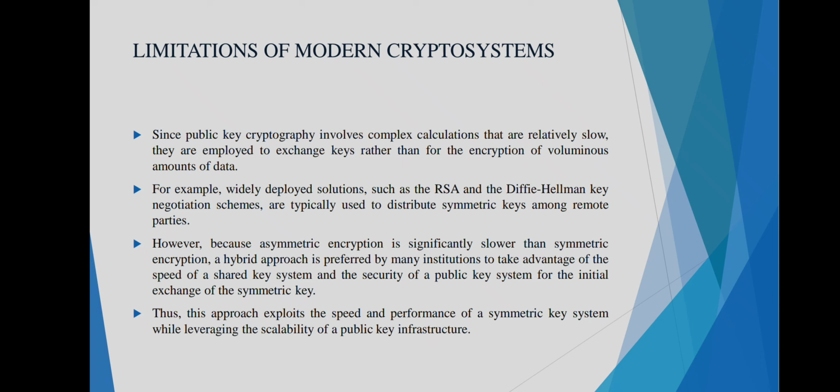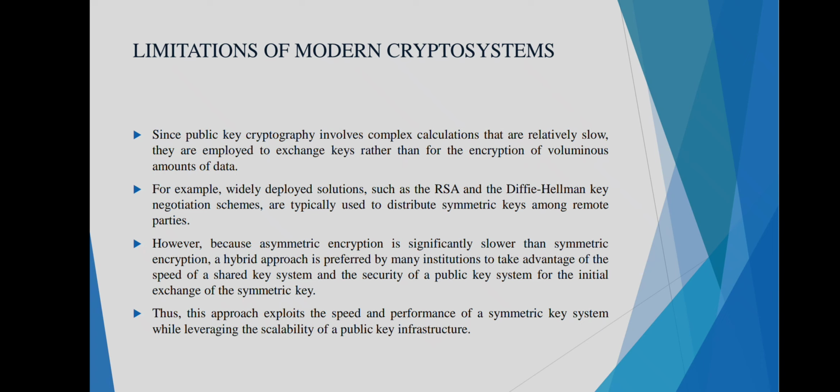Next one, limitations of modern cryptosystems. Since public key cryptography involves complex calculations that are relatively slow, they are employed to exchange keys rather than for the encryption of voluminous amounts of data. That is, modern cryptography uses mathematical calculations.